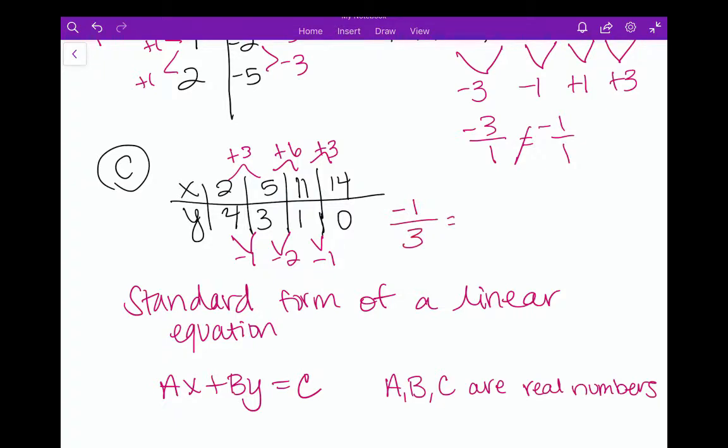And then in the next points, it's -2 over 6. Well, if I simplify -2 over 6, then that is equal to -1/3. So this is equal, which means this is linear. Please be very careful. Just because you see that the y's are changing by a different amount, that doesn't mean that the rate of change is not the same, because the x's may also be changing by a different amount.